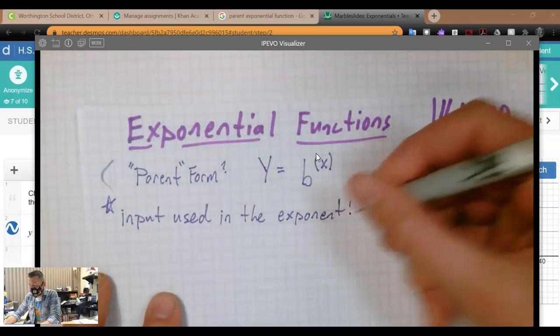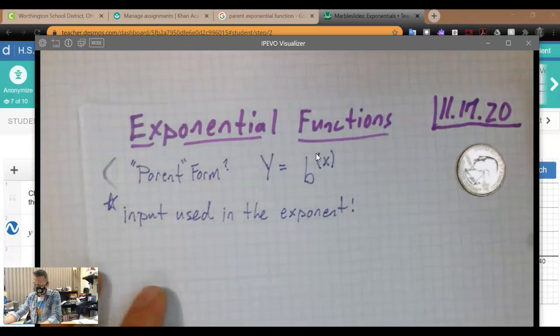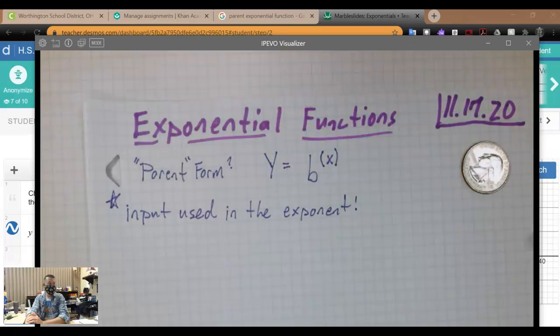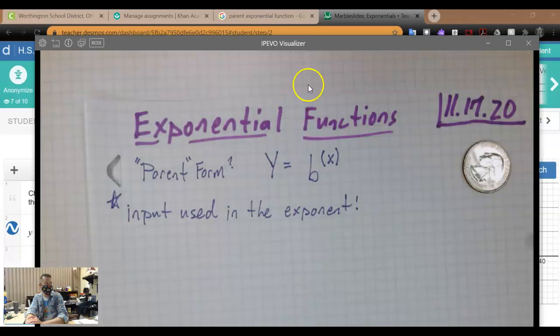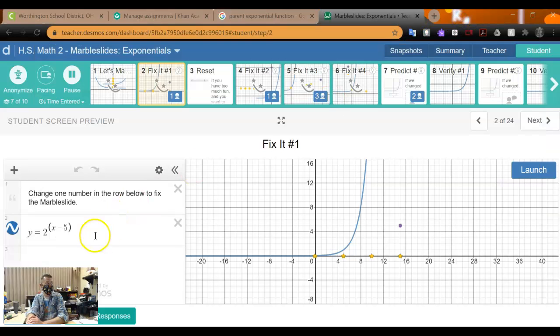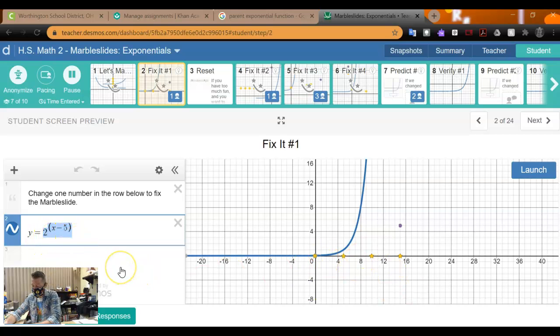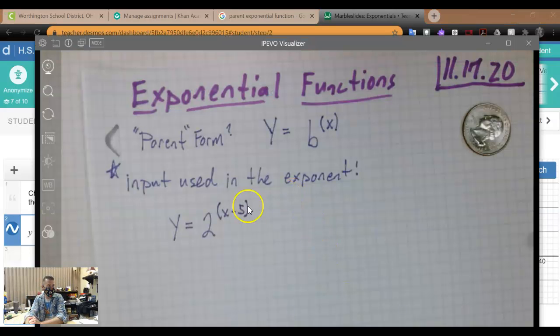But you guys, in slide 2, it started you with a number to the x minus something? Did it start with 2 to the x minus 5? Yeah, it said y equals 2 to the x minus 5. But then you guys started changing things. I was watching what you did.